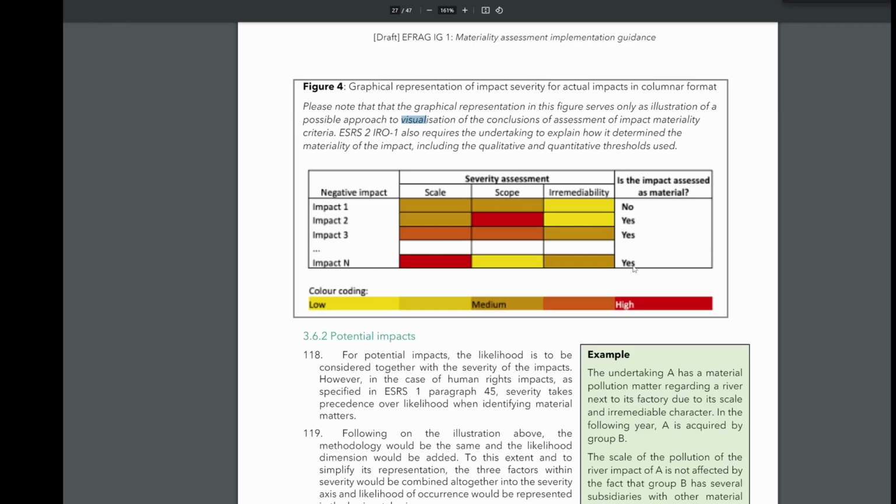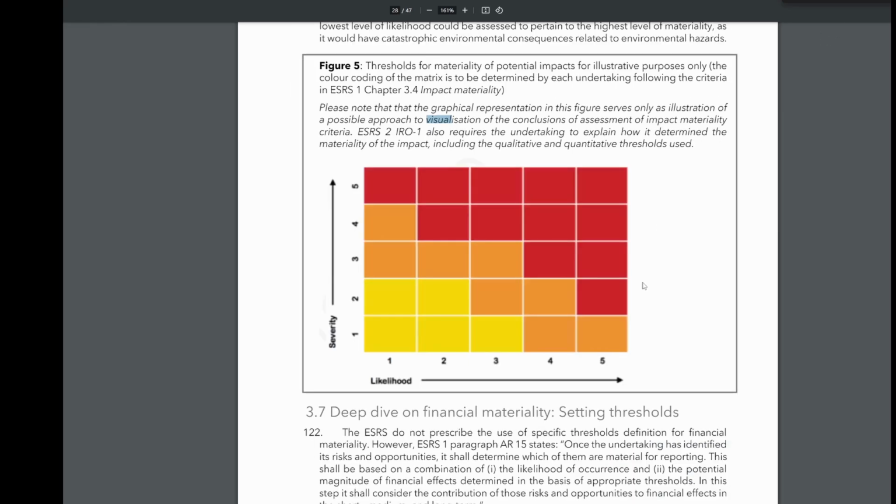This is simply to help people who are doing materiality understand what the guidance paper is getting at, right? This is not a visualization of the results of double materiality. So the concept of visualization, of matrix, of matrices is very, very lightly applied in the guidance, and it is only in reference to one or two of the sub parts of the process in order to help visualize the guidance content.